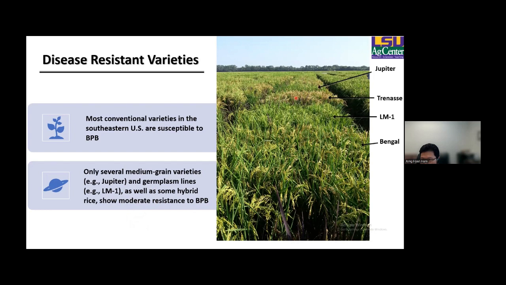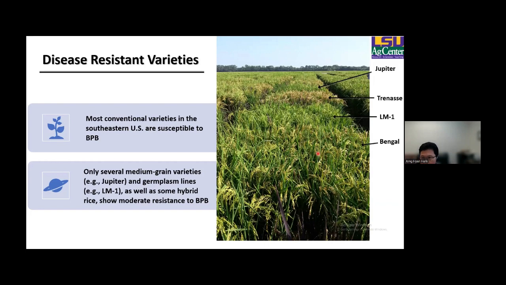As you see here, this is the plot growing the different lines, and Jupiter and LM1 show more resistance than the susceptible varieties Trenasse and Vanguard.